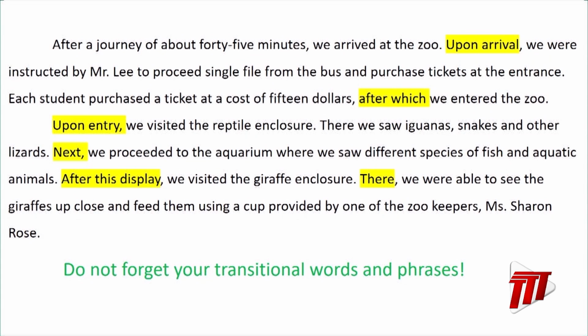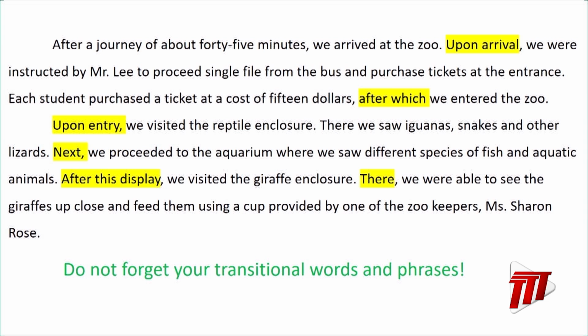If you remember earlier, I spoke about transitional words and phrases. These are words and phrases that are used to link our ideas and events in our report. They help our report to flow and add to the overall formal tone of the report, making them easier to read. Here, we see transitional words were used to link events in the report.